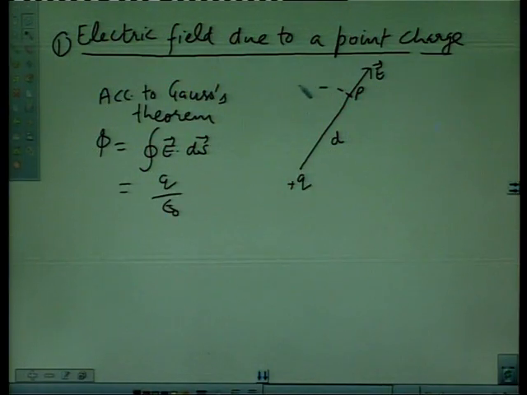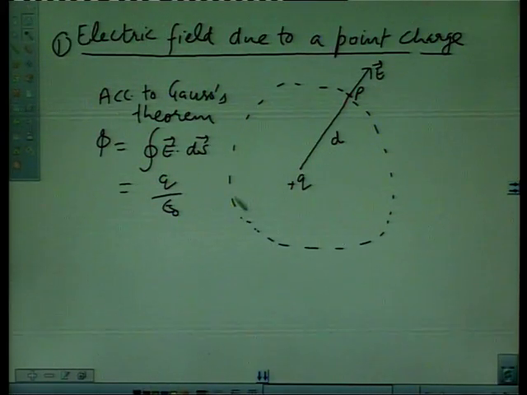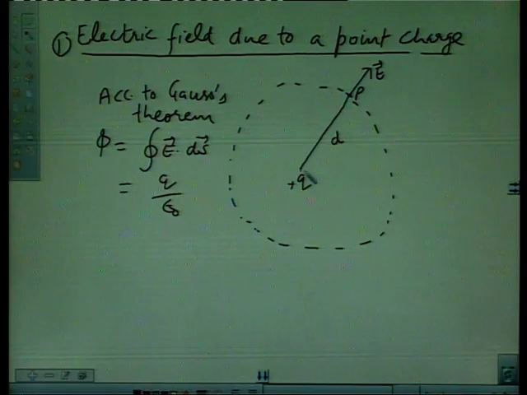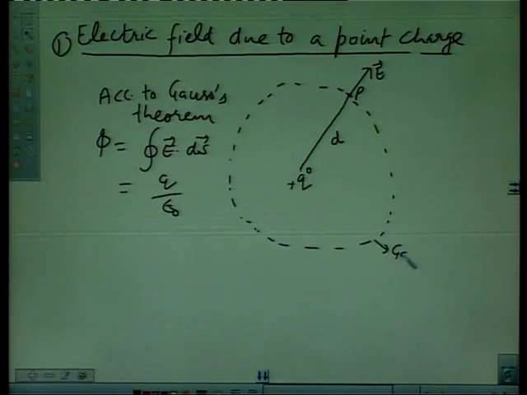So, let us construct an imaginary surface around the point P, taking q as center. This is the center O, and P is included in the Gaussian surface.